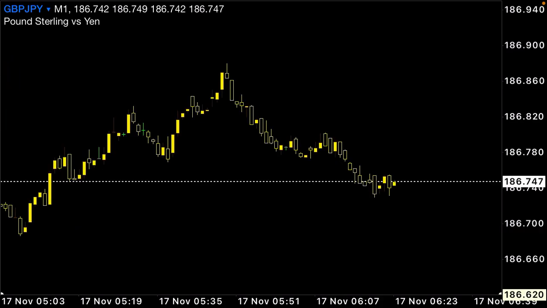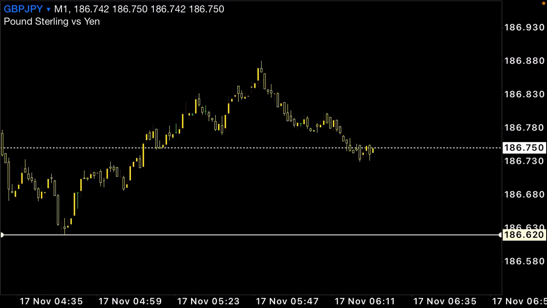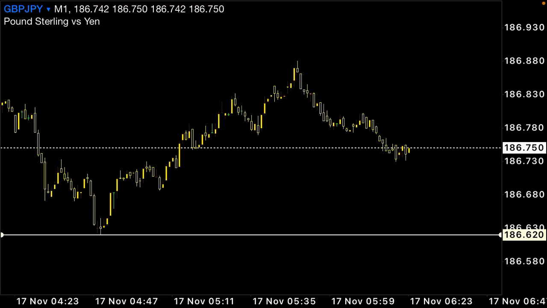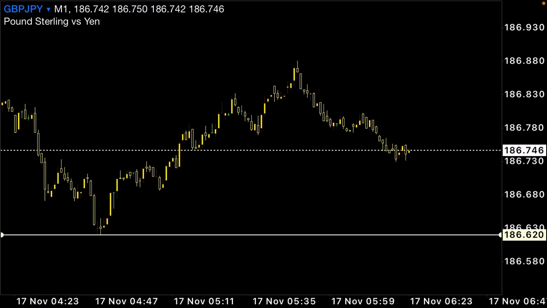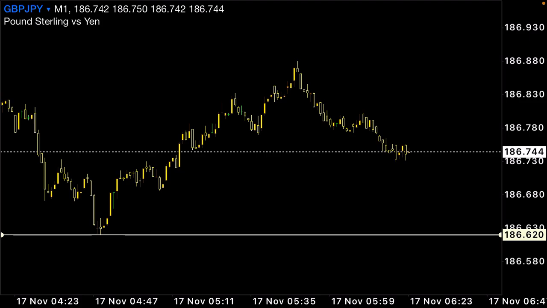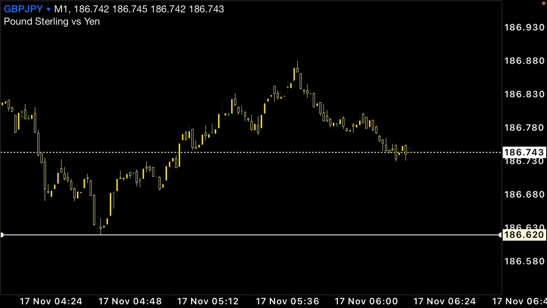So anyway, there's that. So we could just sit here and watch it if we wanted to, which is exactly what traders do. Traders just sit here at the screen and watch it. And they wait for it to get down there, and then they place their trade.